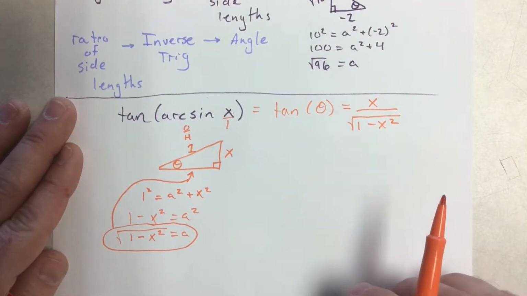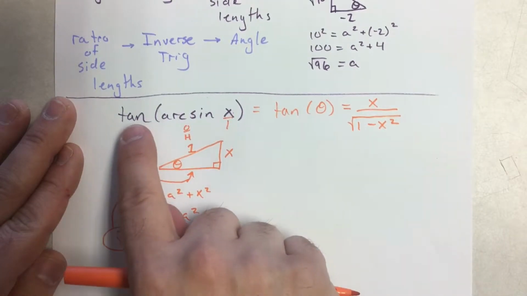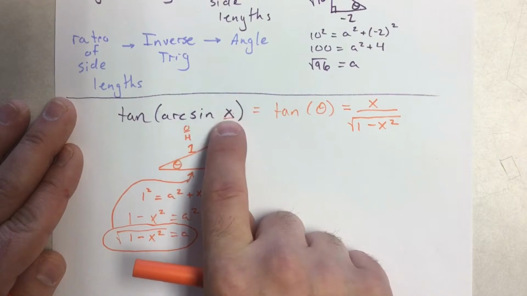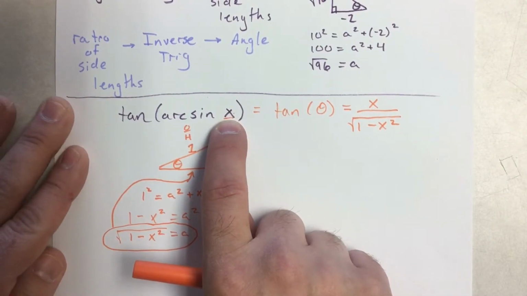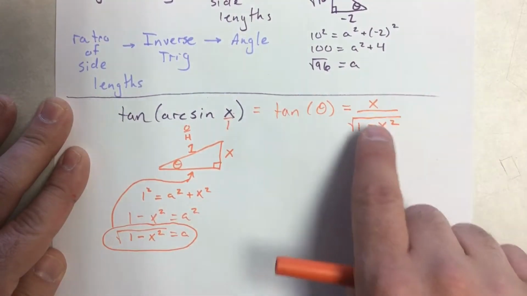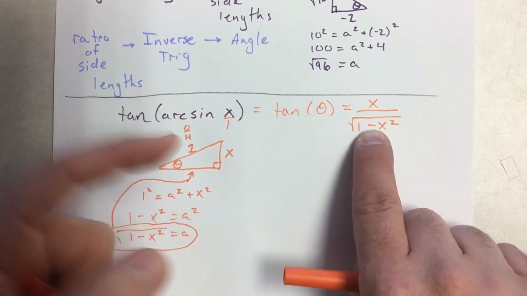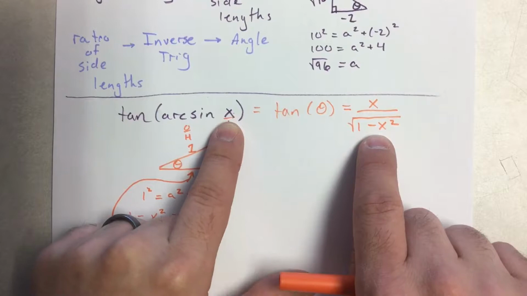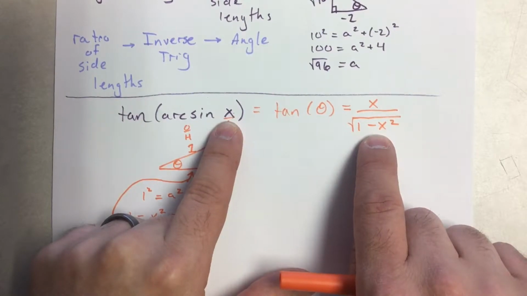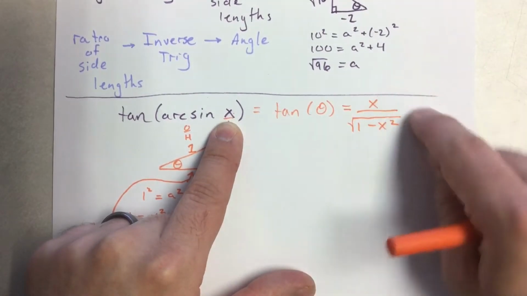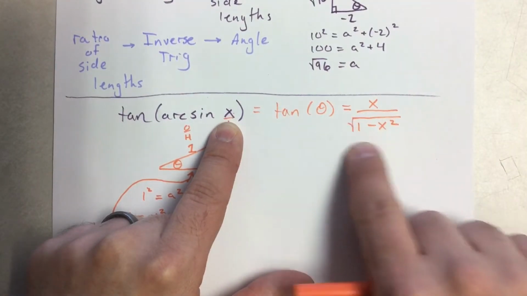So what can be said now is that tangent of arc sine of x will always equal x divided by this expression. So say I put in, let's say, -1/2 or -1/3, then it would equal -1/3 divided by this expression.